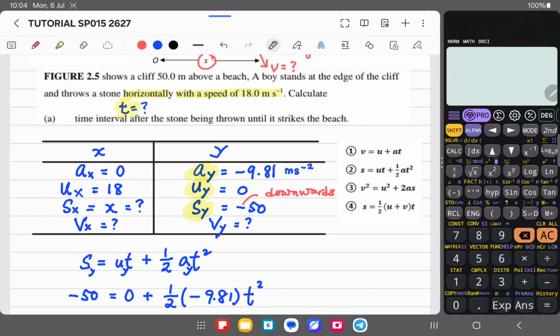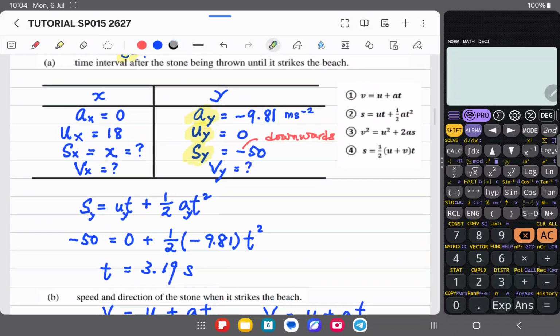I'm going to use equation 2. For the y motion, sy will be uy t plus half ay t squared. So our sy is negative 50, uy is 0, ay is negative 9.81. So we can calculate the time. It will be 3.19 seconds.